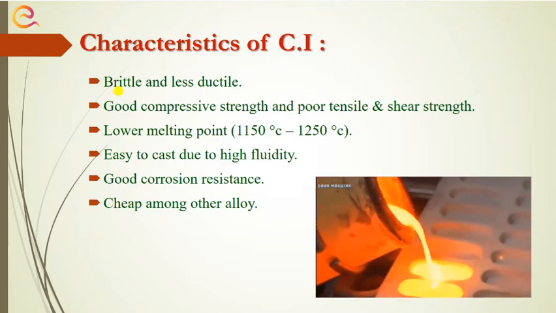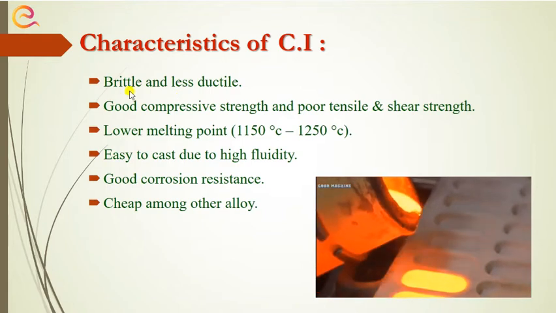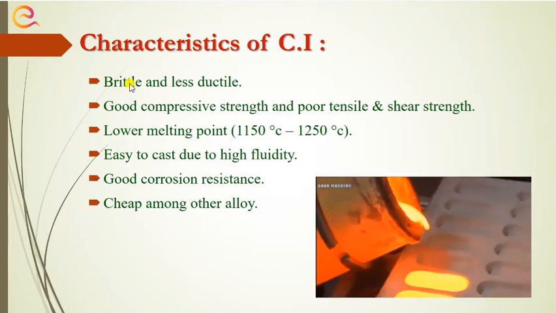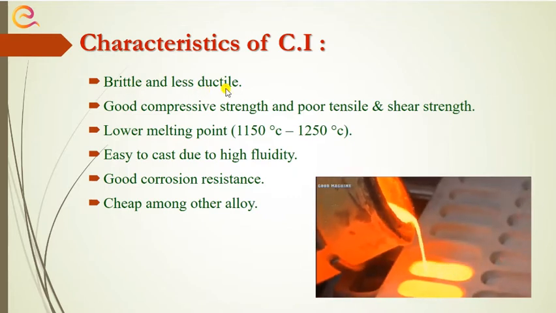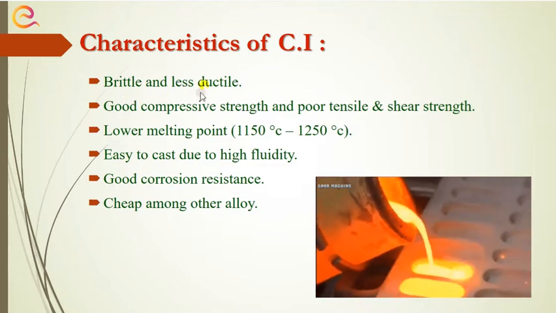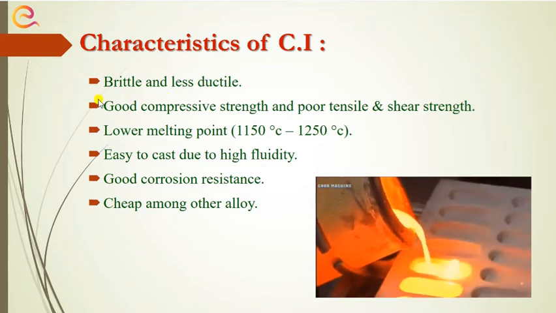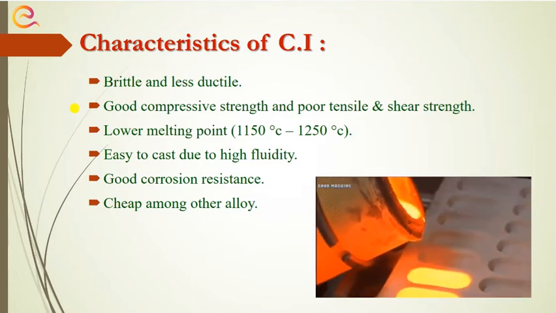Then one more thing to remember here, whenever you observe that the brittleness and hardness of any material is increasing, there is a chance of decrease in ductility. So brittleness and ductility are inversely proportional to each other. Okay. So here increase in carbon percentage increases the brittleness of cast iron.